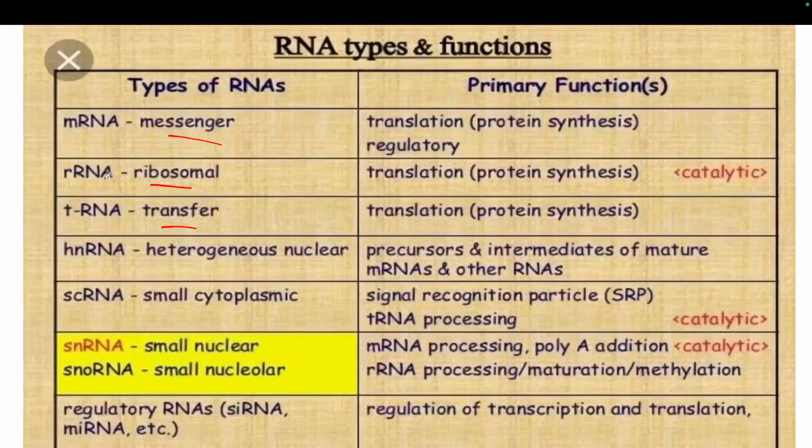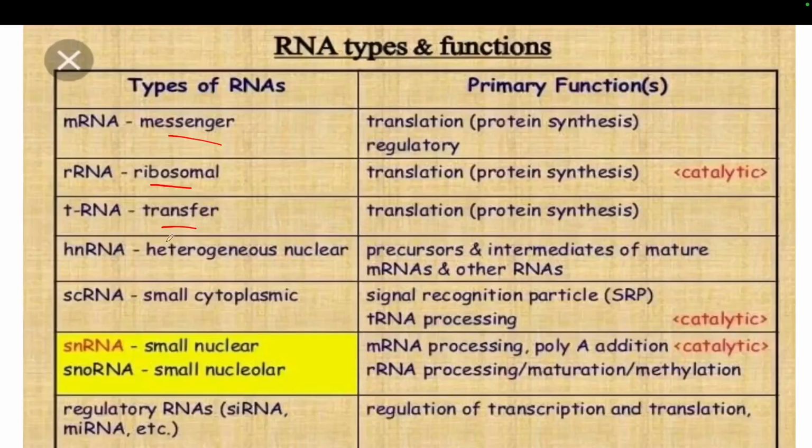The rRNA is ribosomal RNA, which codes for only those proteins which are produced from the ribosome. The tRNA helps in the charging of the amino acid during protein synthesis.